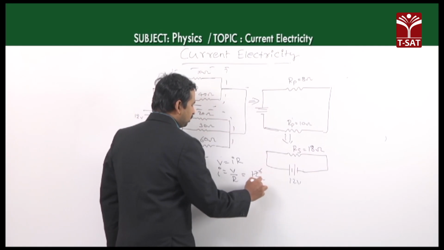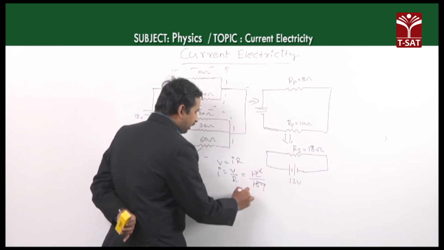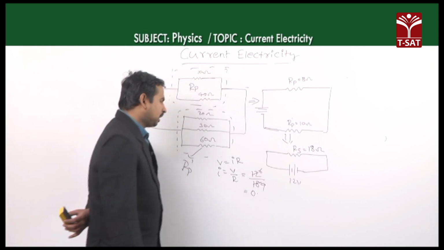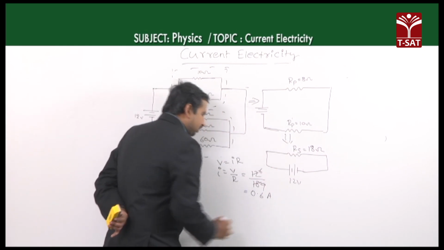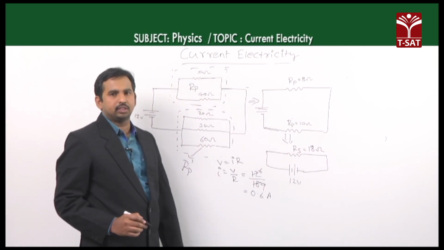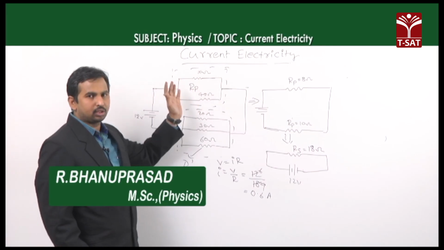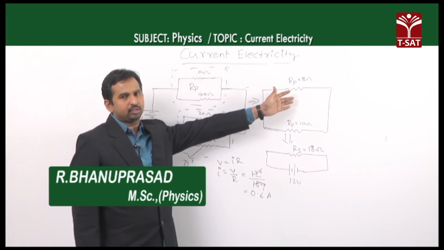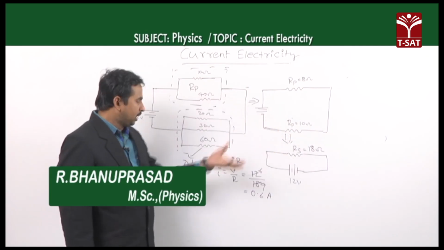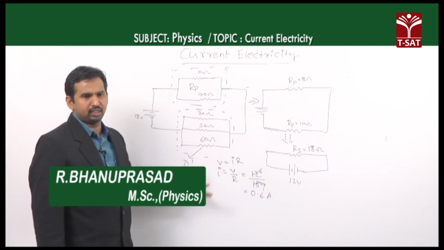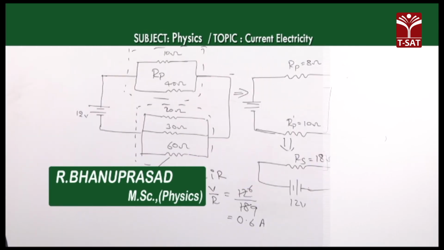It means 6 by 9, so we get approximately 0.6 amperes. Like this, we make the circuit into a simple equivalent circuit, finding the series and parallel connections, and finally we get the current here, which is 0.6 amperes.